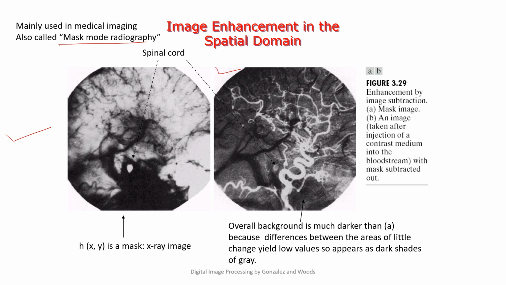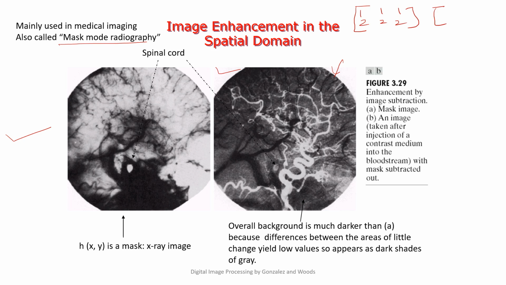So why is the background dark in this image? Because in the subtraction, whatever is common, you'll get values near zero. The difference is not much, that's why you got the value zero. For example, suppose this is the matrix, and you have changed only one pixel here.